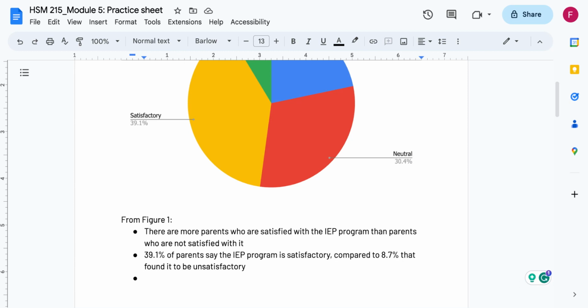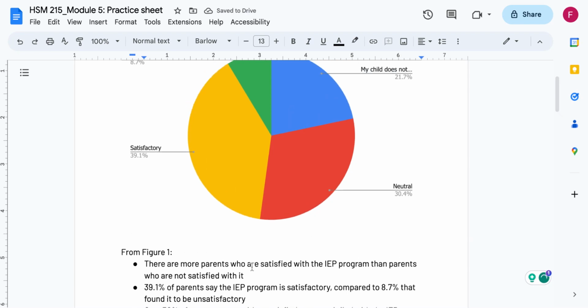So we need to include that. So we could say over 30% of parents were neither satisfied nor unsatisfied with the IEP program. So that is another piece of information.